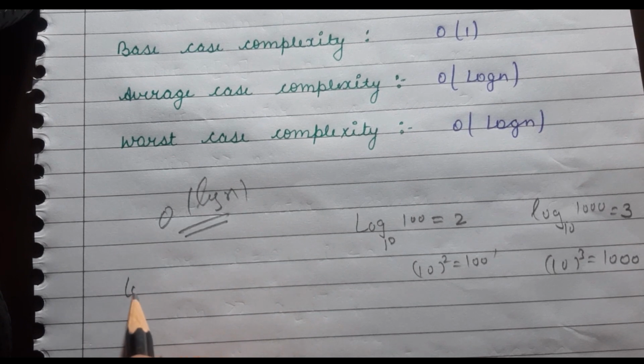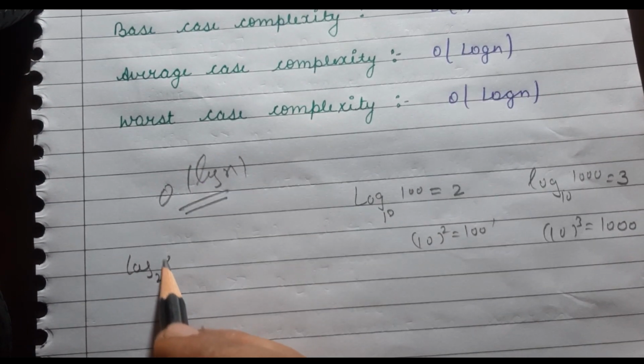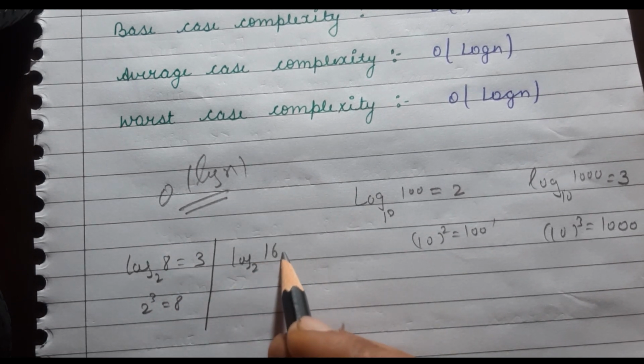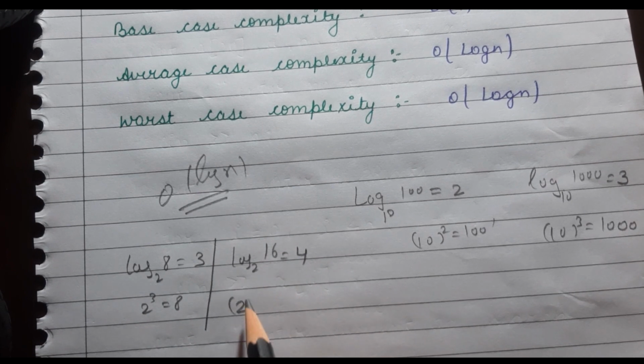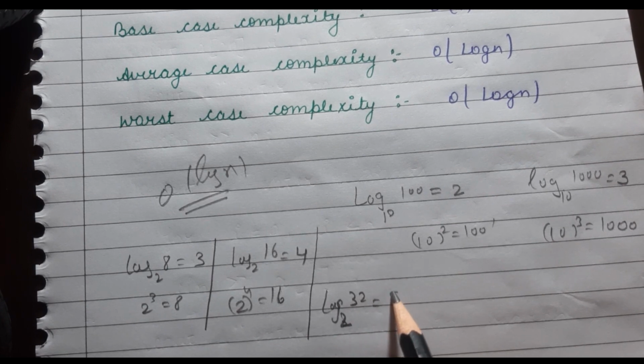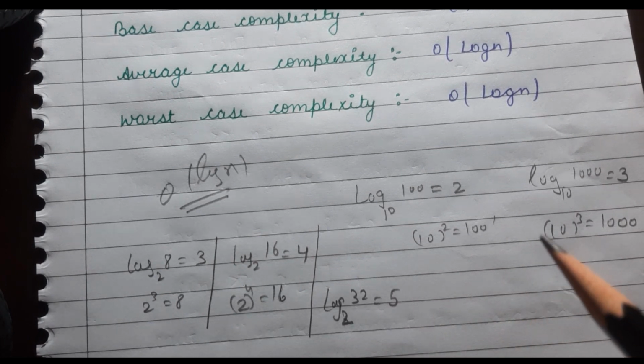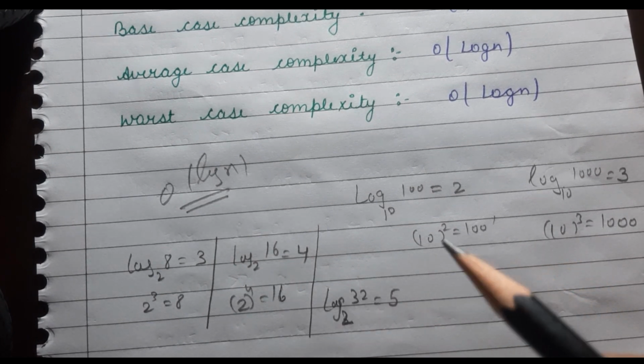In a similar way, log base 2 of 8 is 3, because 2 raised to power 3 is equal to 8. Log base 2 of 16 is 4, because 2 raised to power 4 is 16. Log base 2 of 32 is always 5. In a similar way, you can calculate the log of any value.